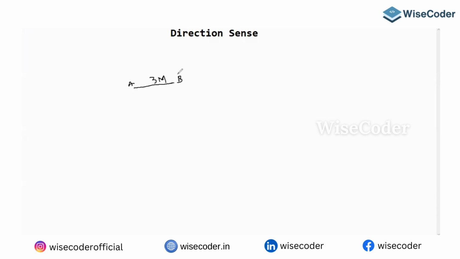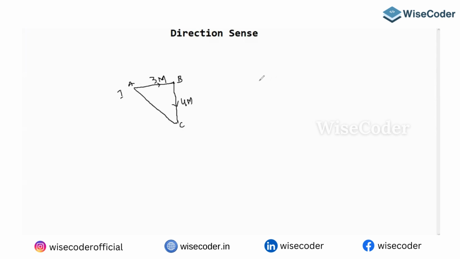From this position he took his right. Right means which direction? Downwards. How many meters? 4 meters. So this is the initial point and this is the final point. Let's say this is C. So I want the distance between A and C.